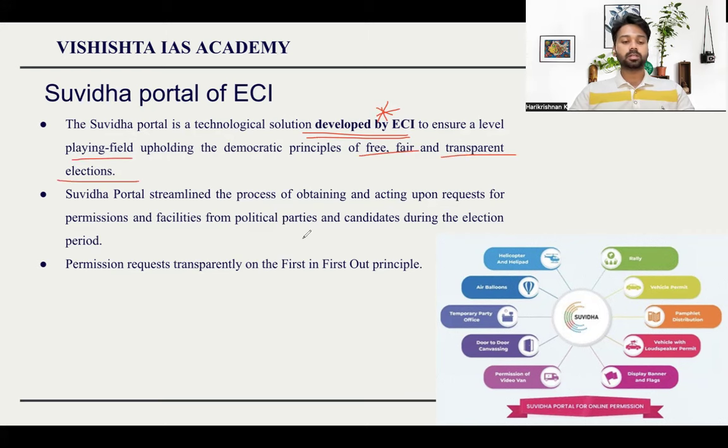So what is it about this portal? In this portal, the politicians or people who are contesting in the election can go and ask for permission. What kind of permission?